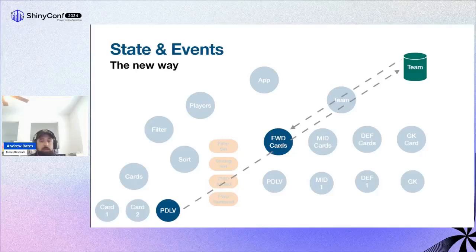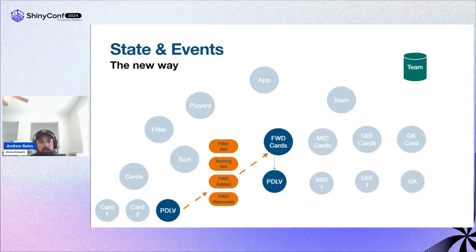So we can update state in isolation. If one module changes state, only the modules that need that new state have to do anything. And similarly, if one module triggers an event, only the modules that care about that event have to respond to it.